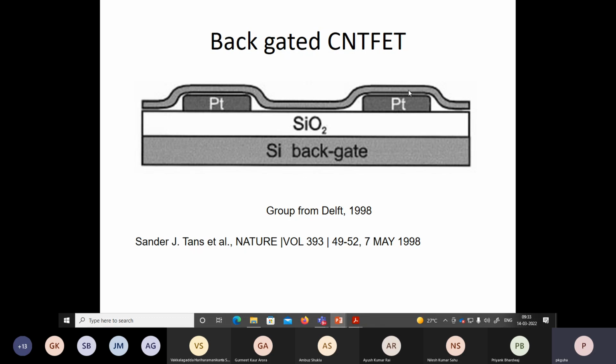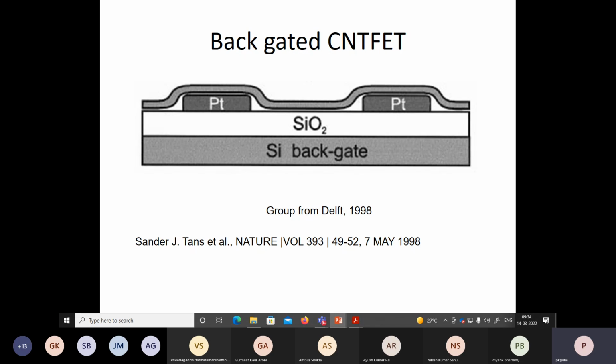It is not like conventional MOSFET where we have source and drain, which is like N plus or P plus, and there is a channel portion which you need to invert and all that. Here the working principle is different. We will talk about working principle in tomorrow's class. But the carbon nanotube itself acts as a channel of the FET.